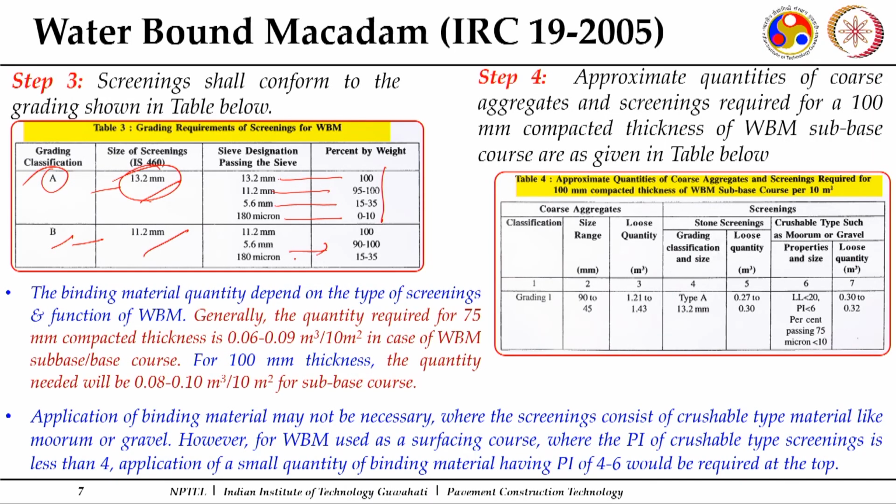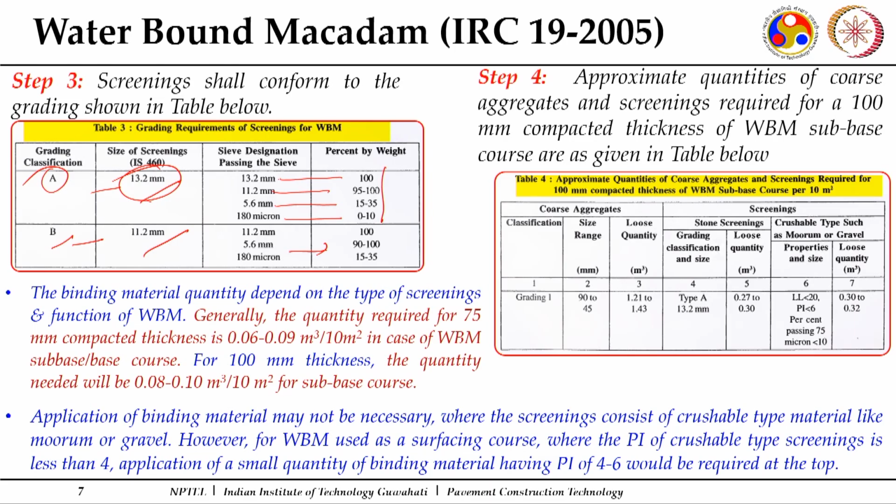In addition, there is a table which gives approximately how much quantity of aggregates is to be applied. So, this is a sort of design of how much quantity of different materials is required. This is what we did when the granular sub-base course was there: determination of the amount of water which has to be used, and then the density which can be achieved.